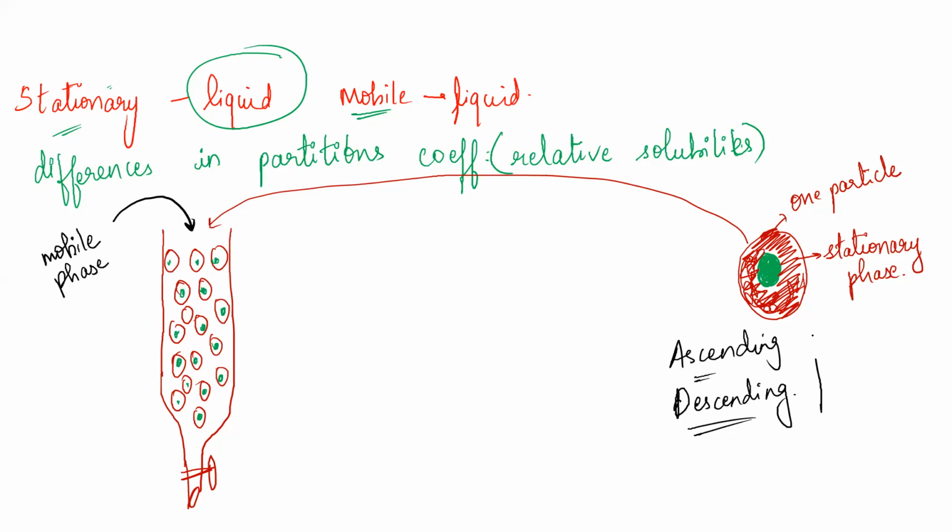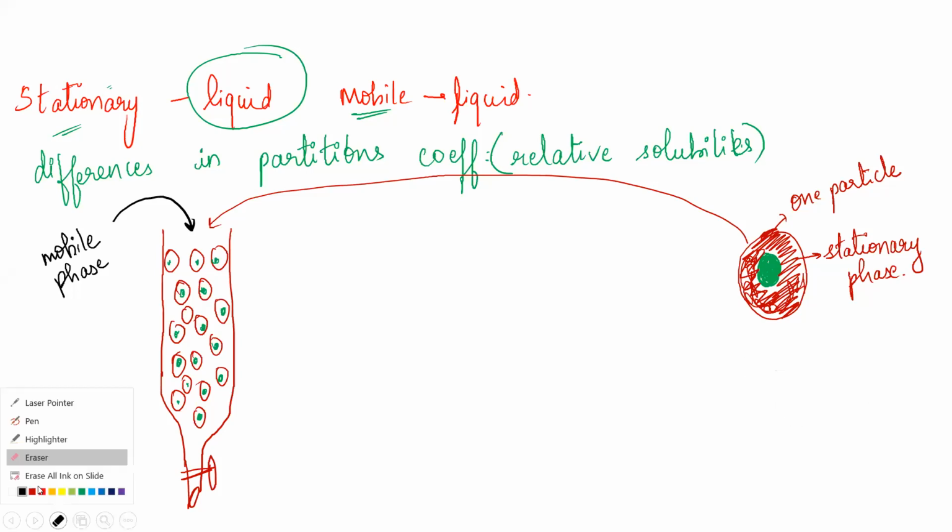Was it ascending or descending? Was the mobile phase moving from down to up, or from up to down?